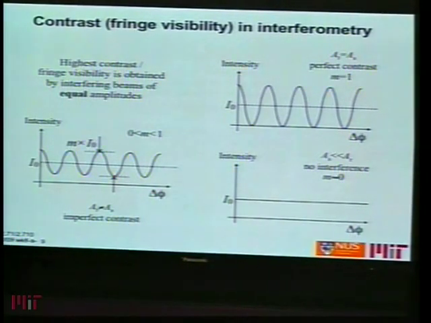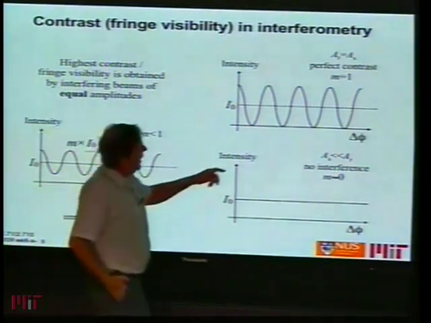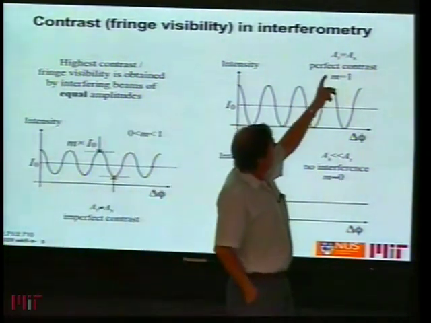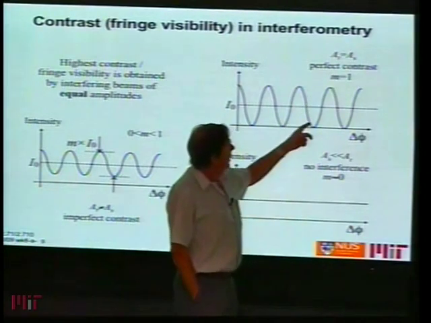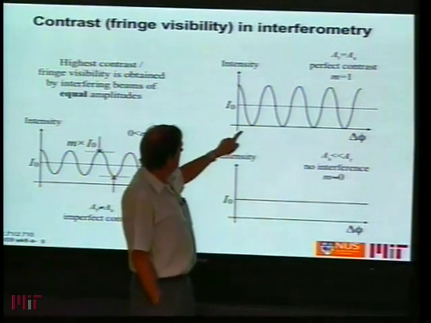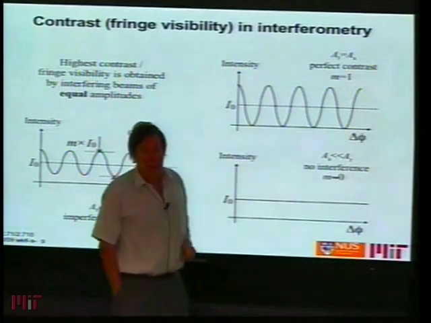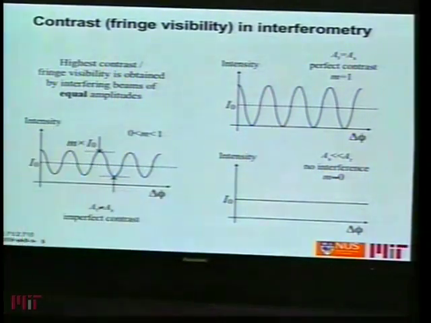One way is if you actually move the mirror. Another way is if you tilted the mirror. If you tilted the mirror, then there'd be different delta phi's at different transverse positions on the mirror. And if we take AR equal AS, then you've got perfect contrast. M equals 1. You see it goes right down to 0. And that's the highest visibility of the fringes that you can get.